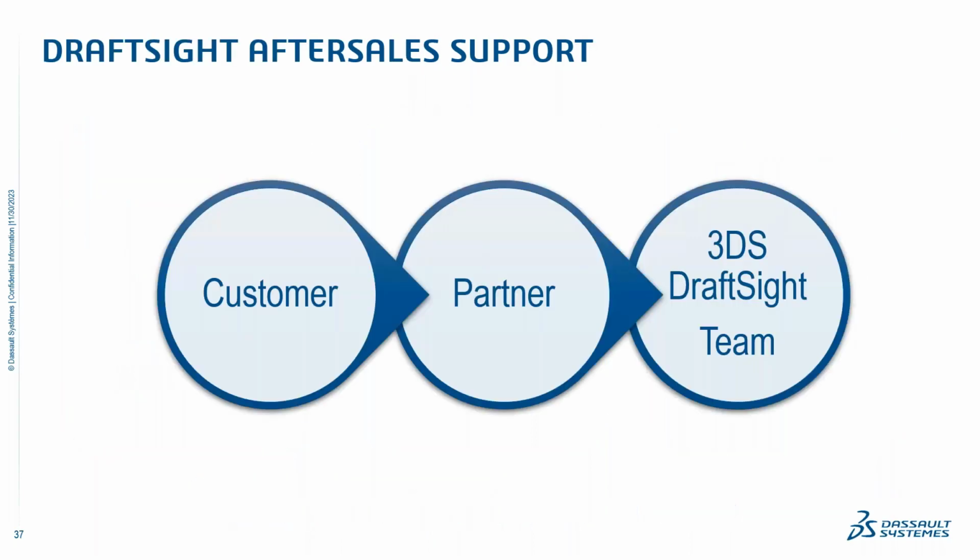Once you shift to DraftSight, what are the supports you are going to get from the OEM side as well as the reseller side? For every customer who has purchased DraftSight, there are two levels of support. One is the support from the internal Beacon team, where we have dedicated engineers who work on support systems and will be ready to take up your calls at any point of time you find any issues.